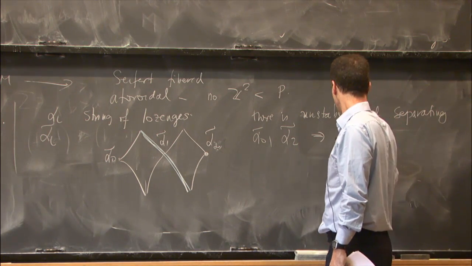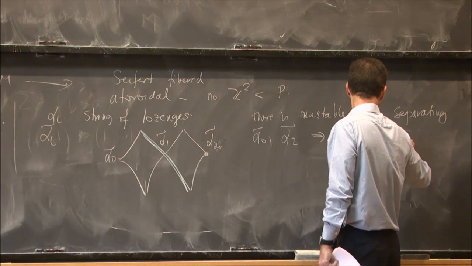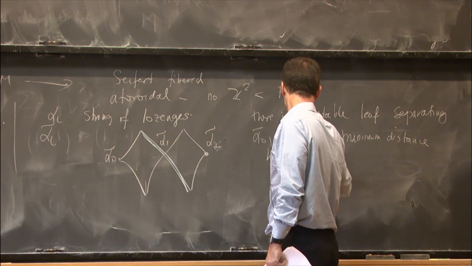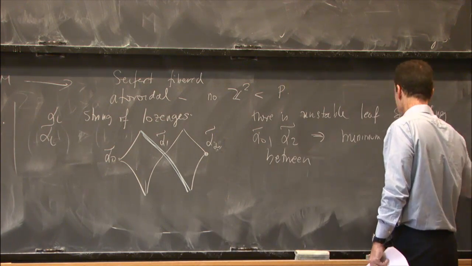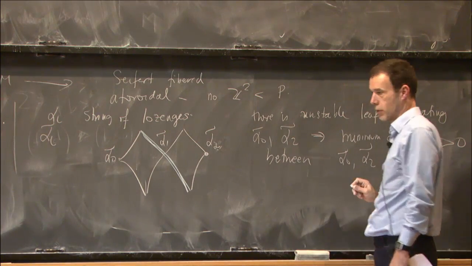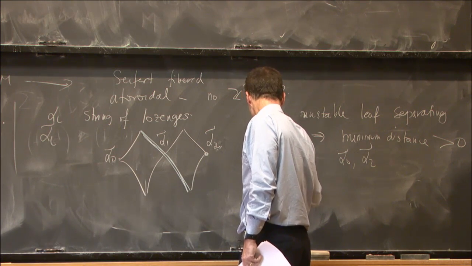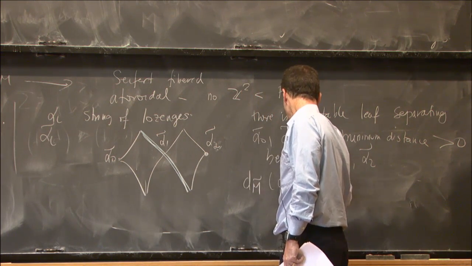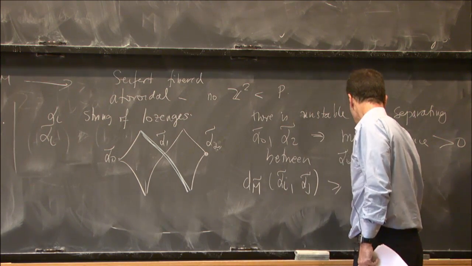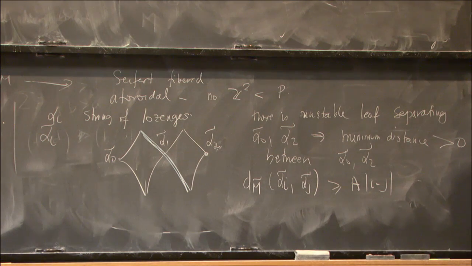So that means there is a minimum, positive distance between alpha 0 and alpha 2. And that means that the minimum distance in M tilde between alpha i tilde and alpha j tilde is greater or equal than some global constant times the distance in the indices.